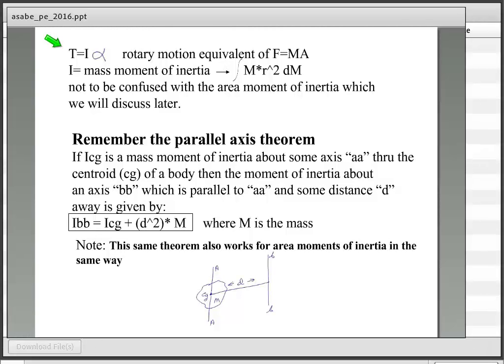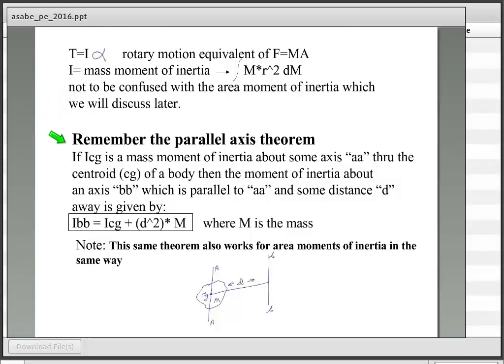So if we had, for example, a flywheel or some rotating component, we would be able to calculate the mass moment of inertia, consider its angular acceleration, and be able to determine what torque it would take to accomplish that. So this mass moment of inertia is not to be confused with the area moment of inertia, which is a property of cross sections of beams and the like that we'll talk about here in a few minutes as well.